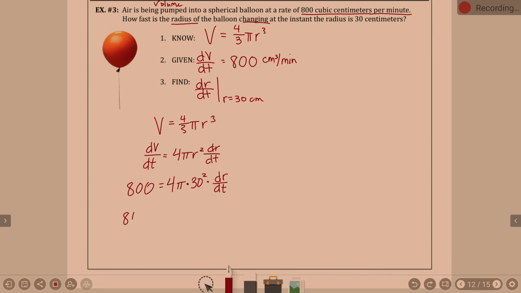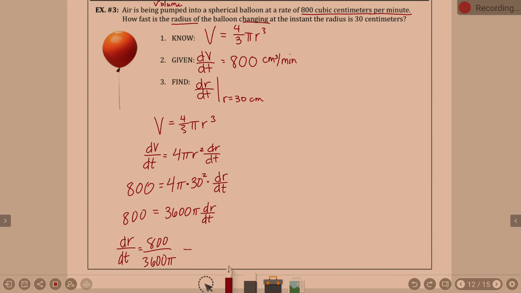So 800 equals 30 squared, which is 900, times 4, so 3600 pi dr/dt. Then you divide by 3600 pi. So dr/dt is 800 divided by 3600 pi.